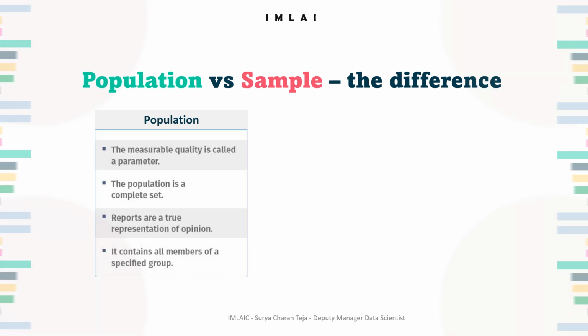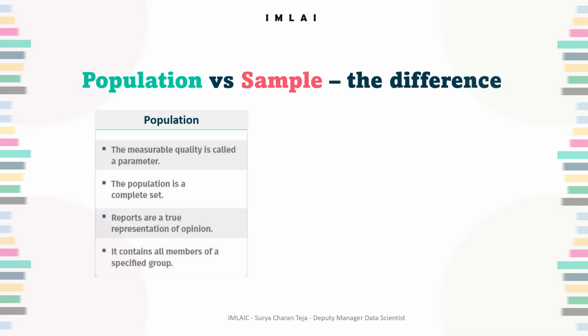It consists of complete data, all observations or records that have been recorded by the researcher or surveyor. Then reports are a true representation of opinion, because everything will be put in this population. And the final one, it contains all members of a specified group. So this is all about the population.